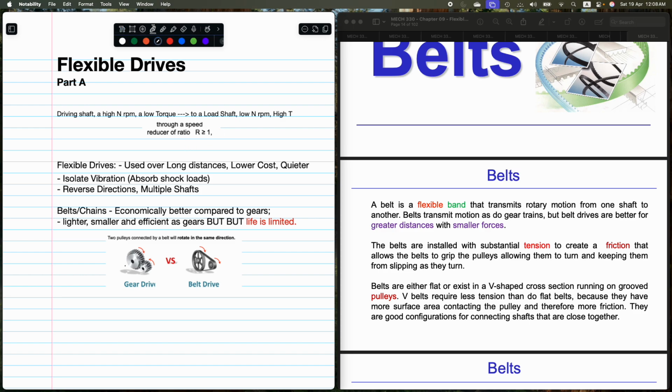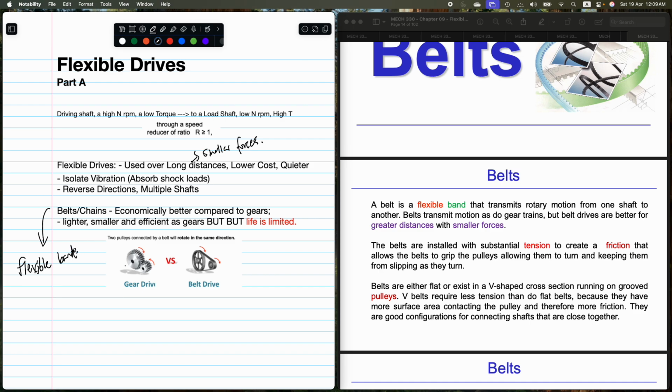With this, we have a flexible drive. I'm going to write, in addition to this, greater distances, smaller forces. A belt is a flexible band, so I'm just going to write belt here is a flexible band.